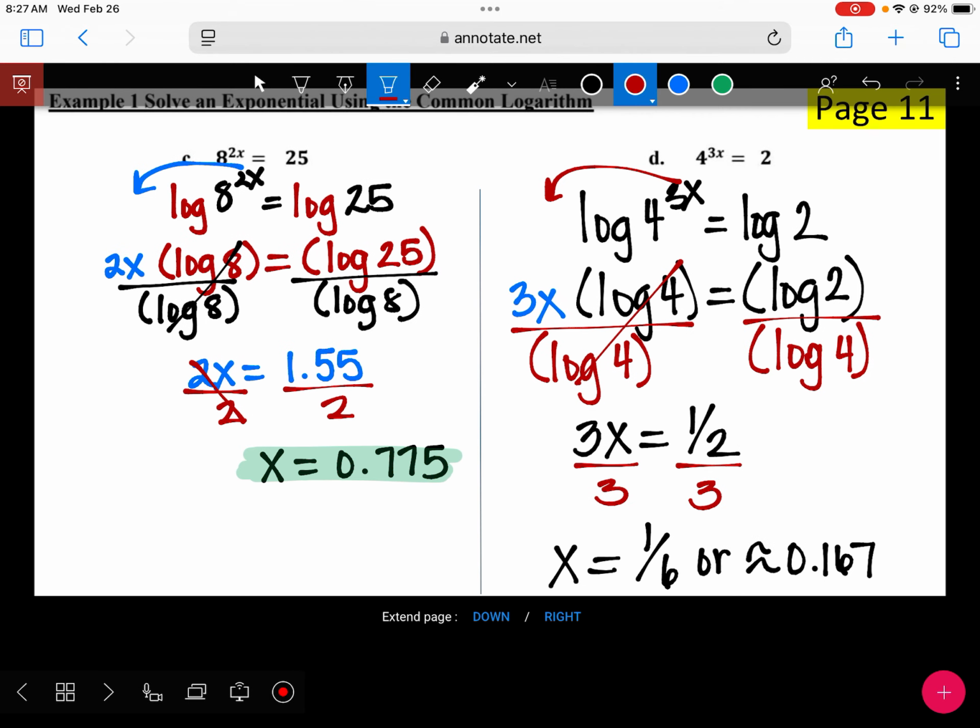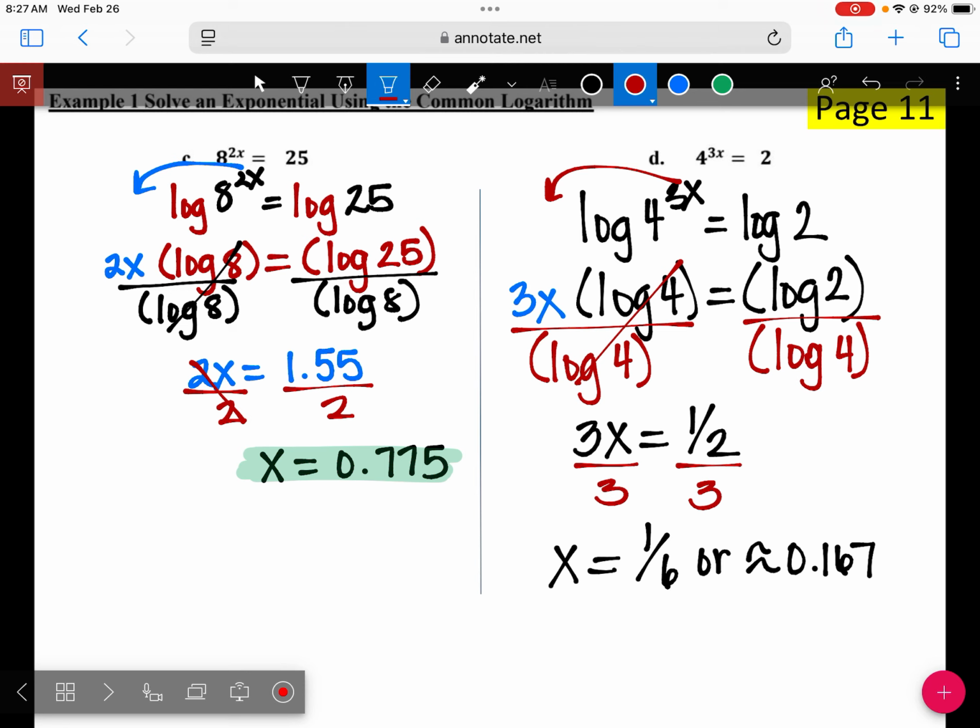So the first thing I had to do was put in my log on both sides. After you put your log in, the 3x moves to the front. So we have 3x times the log of 4 equals log 2. Divide both sides by the log of 4.